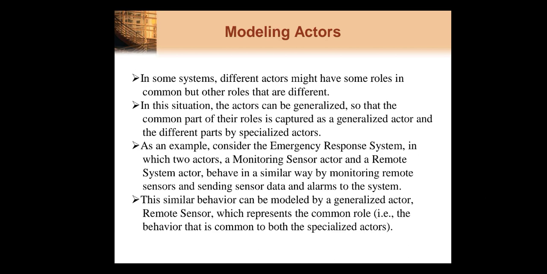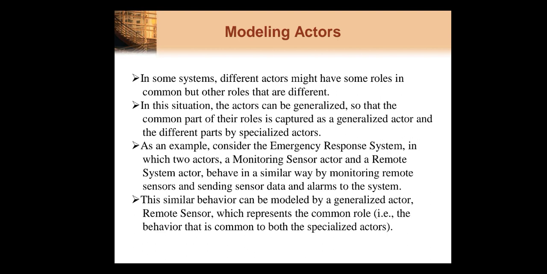In some systems, different actors might have some roles in common but other roles that are different. In this situation, actors can be generalized. That means for some use cases the actors play a common role, but for one of the use cases an actor has a special role. To show that relationship, we can use the generalized relationship between the actors, which play the common part in activating that use case.